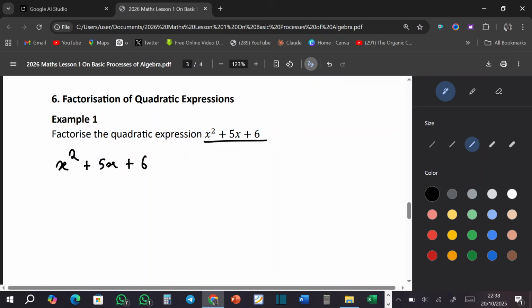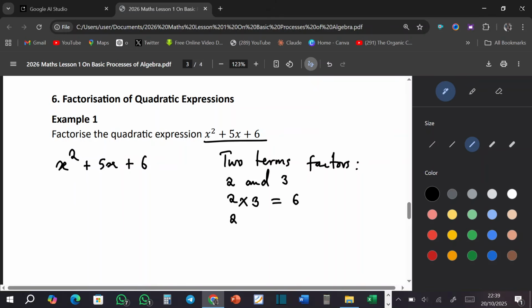So you look at two numbers, two factors, which are numbers. When you multiply them, they'll give you 6. When you add them, they'll give you 5. What are these numbers? It is just 2 and 3. If I say 2 times 3, I'm getting a 6.